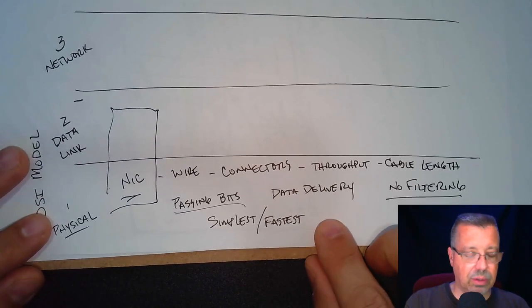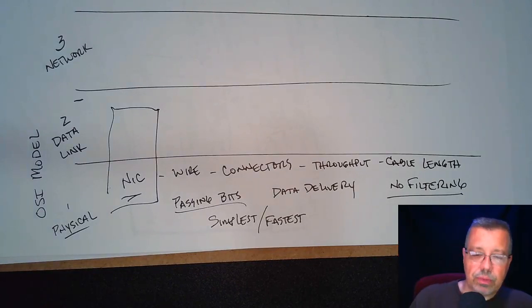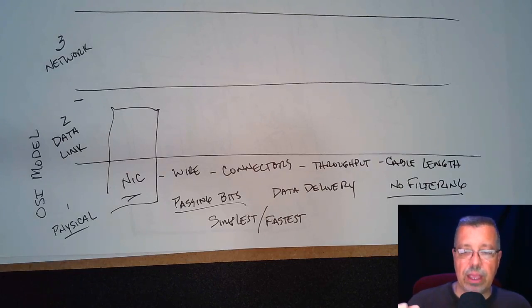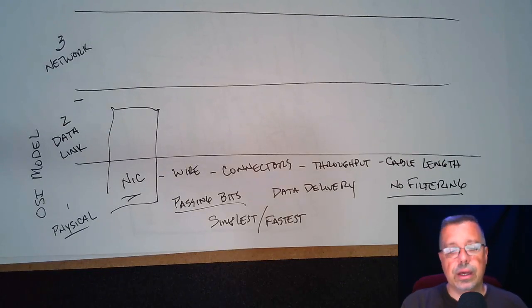The example I typically use in class is a bucket brigade. You watch an old movie, the farmer's barn is on fire, and everybody from the community comes down and makes a line between the pond and the barn, and everybody brings a bucket.